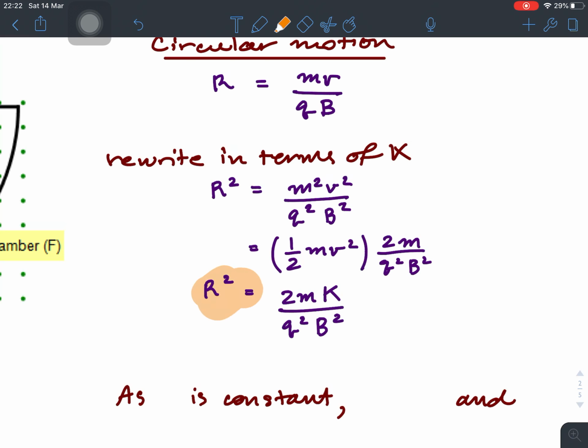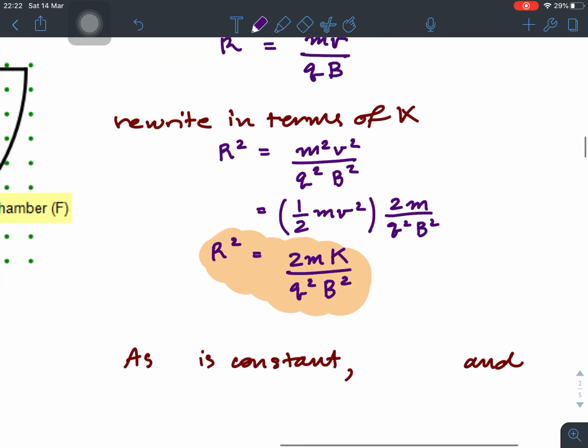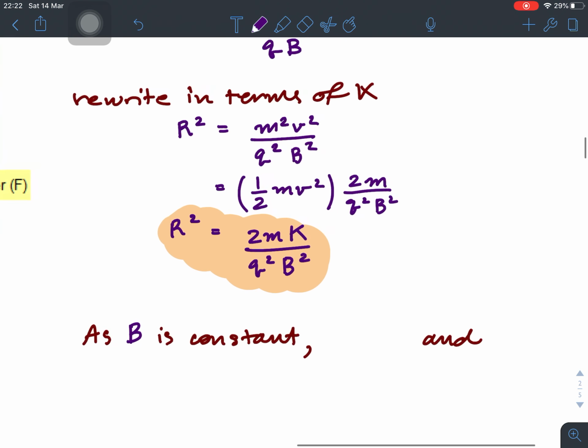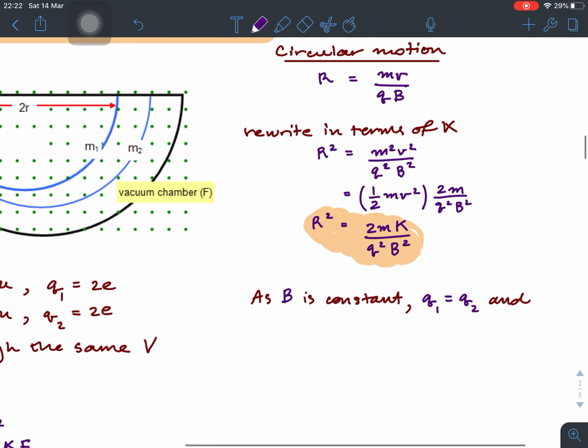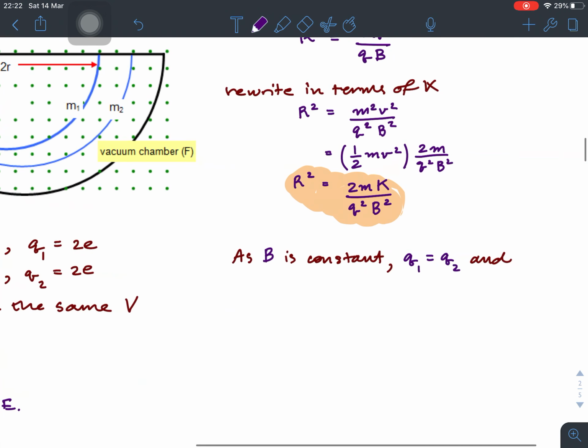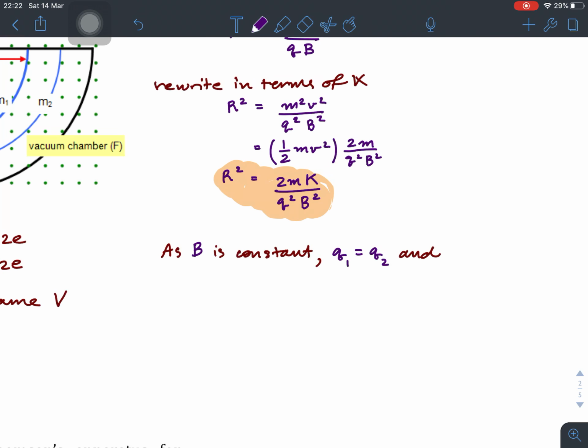From this equation, as we have the constant magnetic field, B is constant, and we have also shown that Q, or charge, of helium-3 and helium-4 are the same, and also the kinetic energies are the same. So K1 equals K2. That's the variables in this equation. K is the same, B is the same, Q is the same.